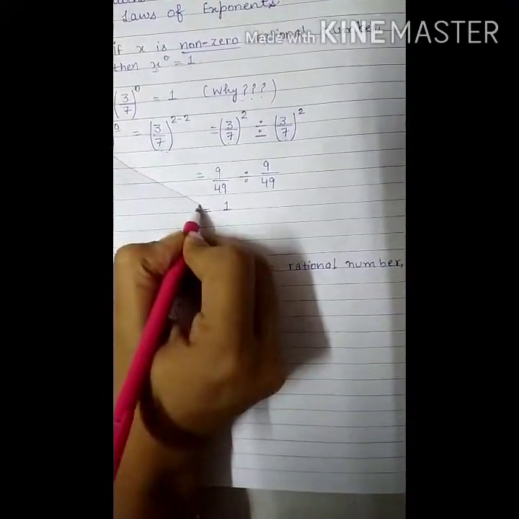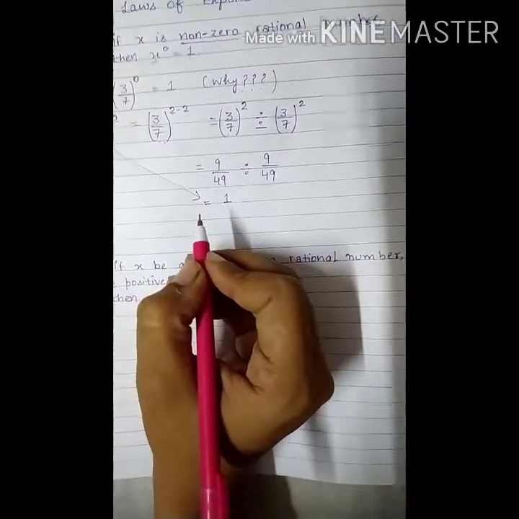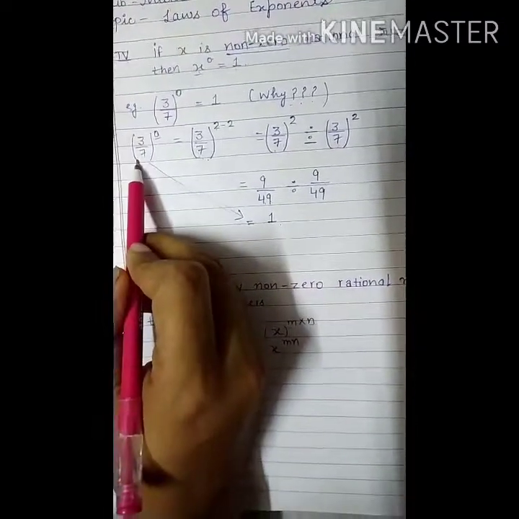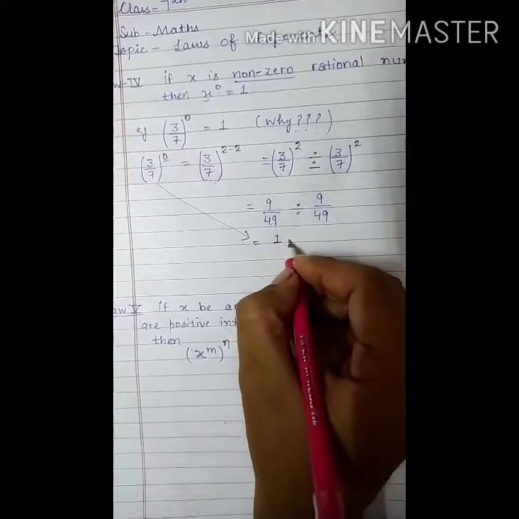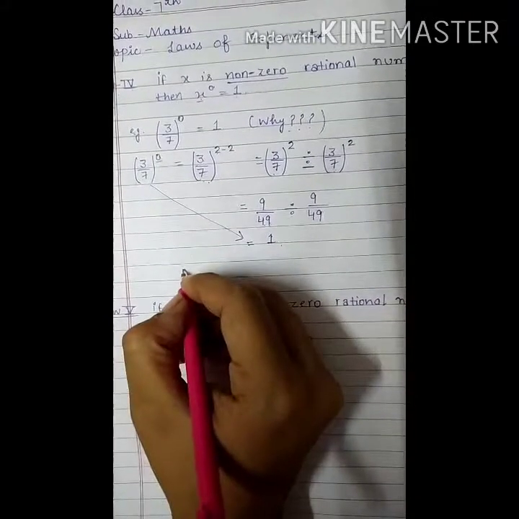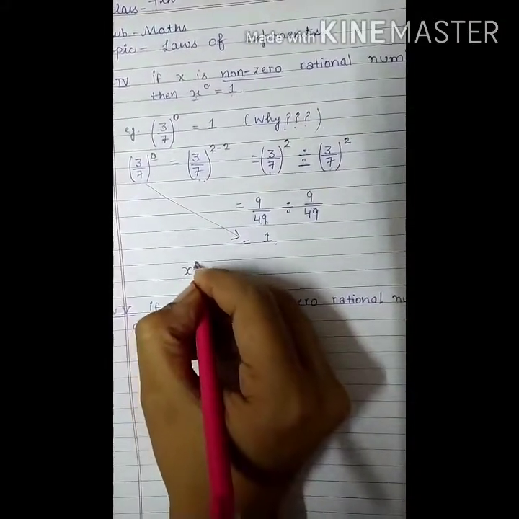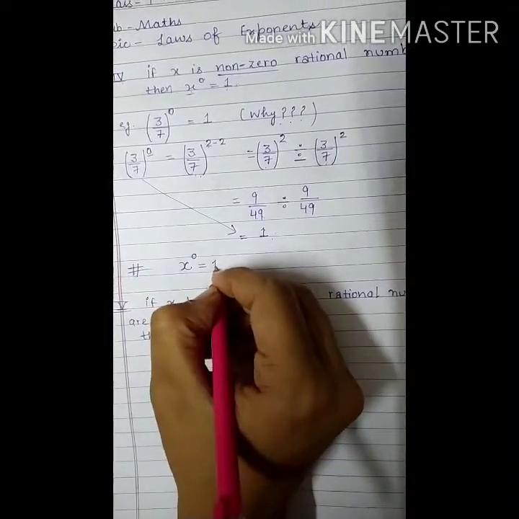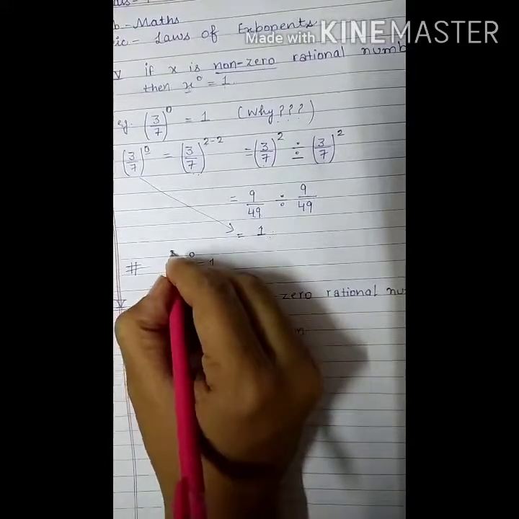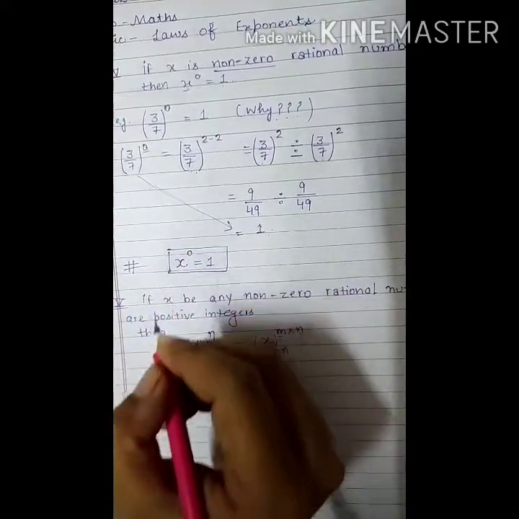So we can relate 3/7 to the power 0 is equal to 1. This result is true for any rational number x, and when we raise it to the power 0 it is equal to 1. This is law 4.